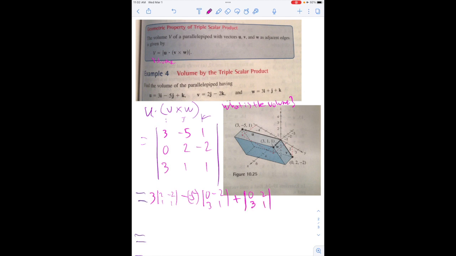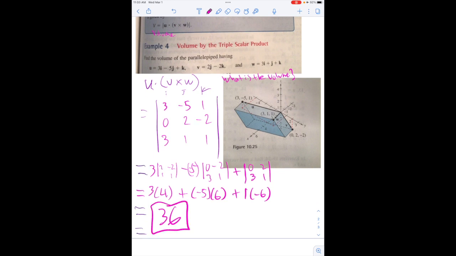As we go through again, multiplying diagonally and then subtracting like we've been doing, we get 3 times 4 plus 5 times 6 plus 1 times -6, which means the volume of this figure is 36.